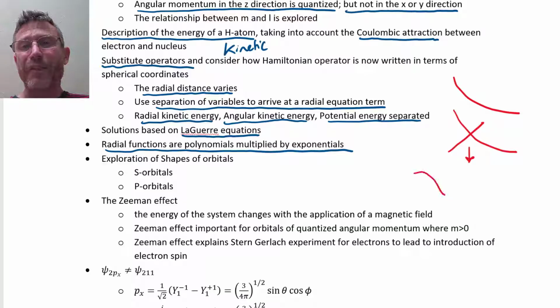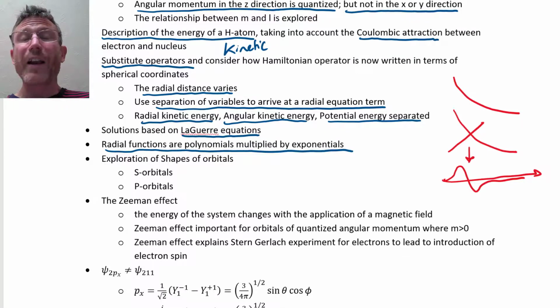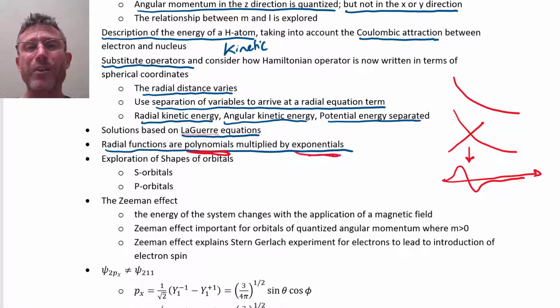We end up seeing a function that may have nodes in it, and it may also have negative values in it, depending on what that polynomial is. So the important thing here is there's some variation, there's some variability. There is this polynomial, it's always multiplied by an exponential, and so it'll always decay to zero in infinity. This was a particularly important part of this particular chapter.